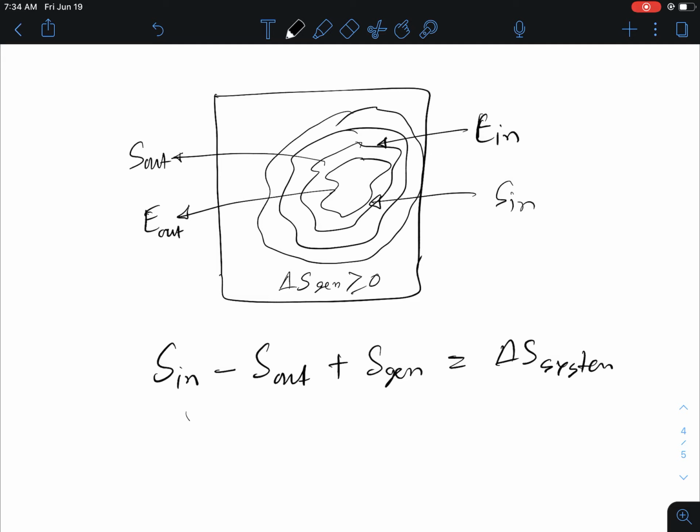So we'll write some of the important formulas that we discussed.